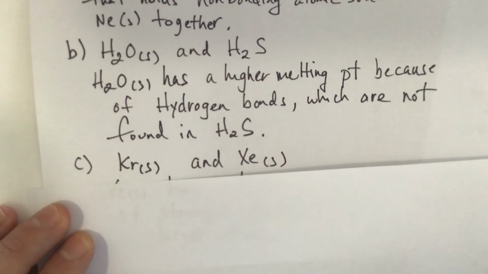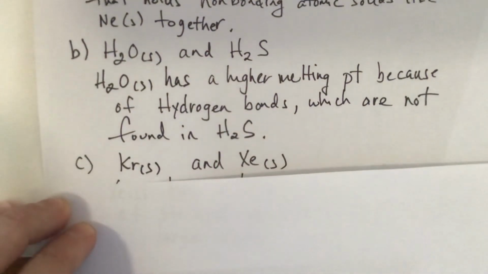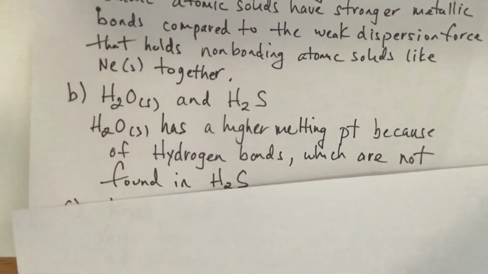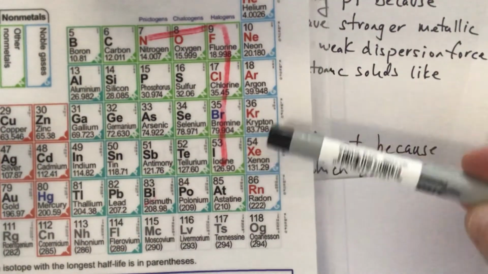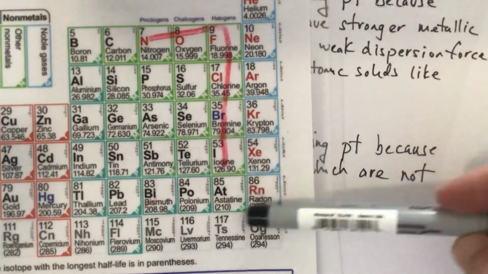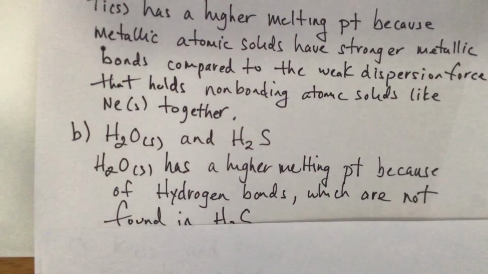Krypton and xenon are both by themselves. If you look at the periodic table, they're both noble gases, so they both want to exist in a gas form at room temperature.